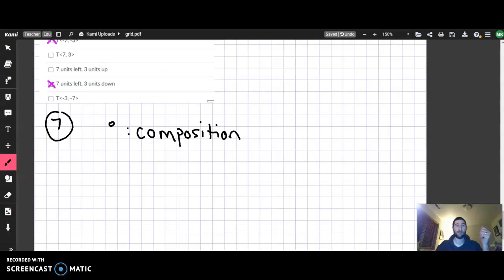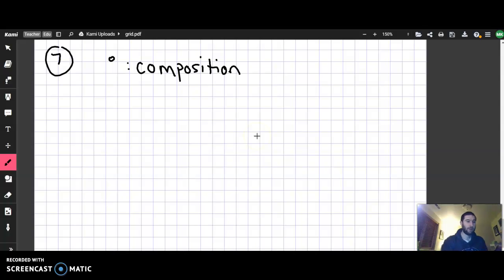So, ladies and gentlemen, let me go ahead and give that a little bit more concrete of a description. Ladies and gentlemen, if I just pick my favorite arrow and I go from this point to this point, it doesn't really matter what I'm going to name these points.